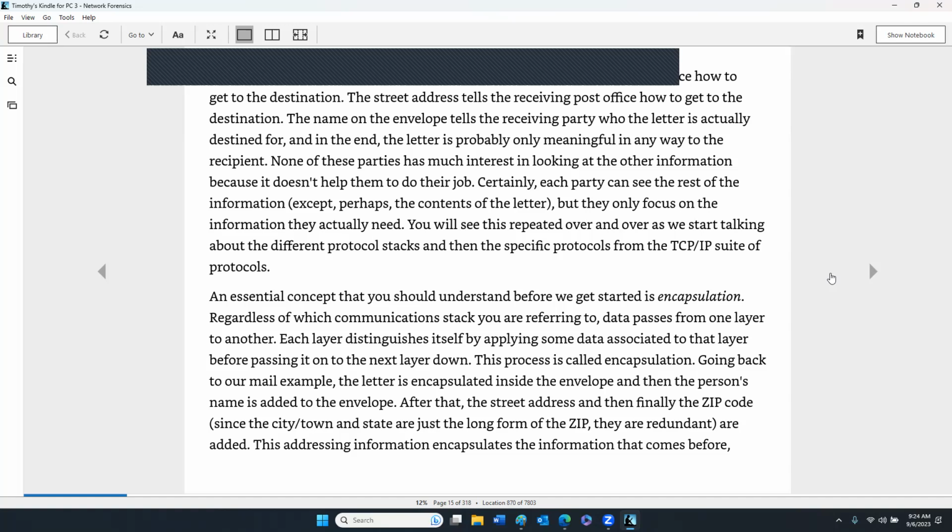Arpaci-Dusseau, it's a hyphenated name, and it's a husband and wife team. Comer is networking, right? Now, our author is arguably one of the leading patriarchs in the cybersecurity reference and textbook arena.